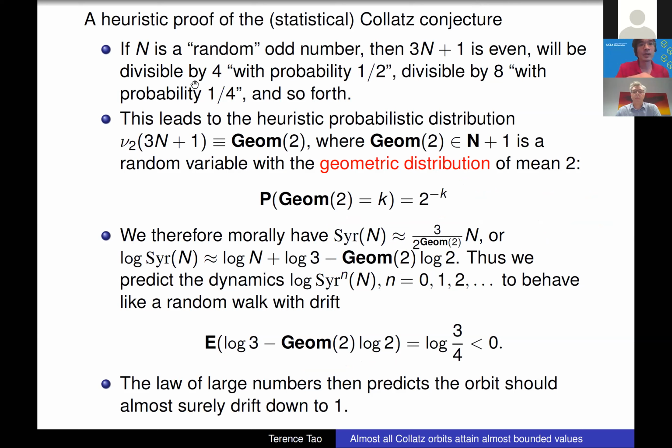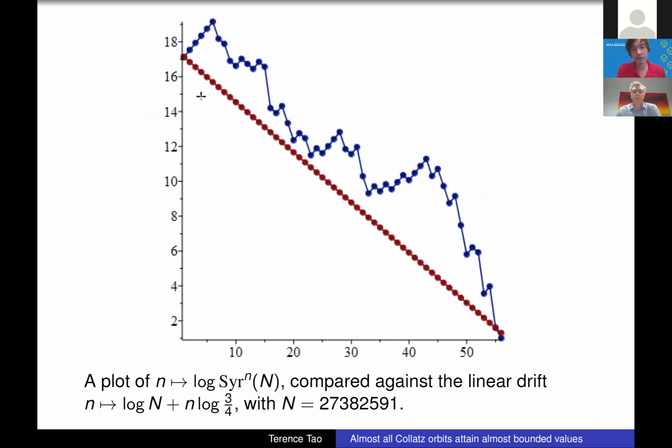Okay. Just to illustrate this, here I took a random large number, about 27 million, and I just iterated the Syracuse map. I multiply by 3, add 1, divide by powers of 2, and keep iterating until it hits 1. This is a log plot.